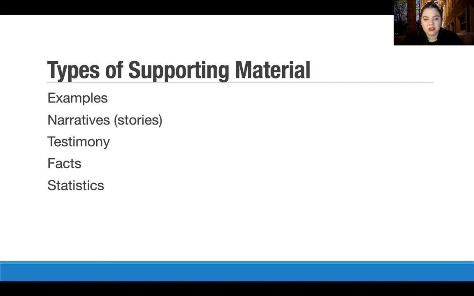Narratives, obviously, stories, we use those to evoke emotion, to build connection. And you can also use stories to explain how something works too. It's just not quite as rigorous, I think, as trying to provide something like facts or statistics, which you would definitely need to cite if you were saying, for example, there are 10,000 people at Texas Tech who use this product.